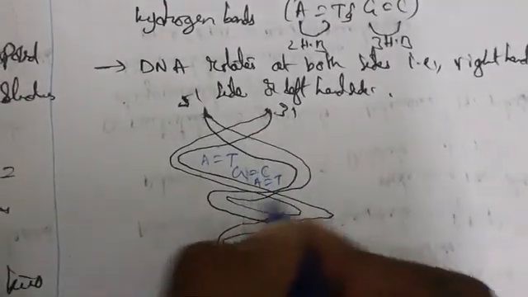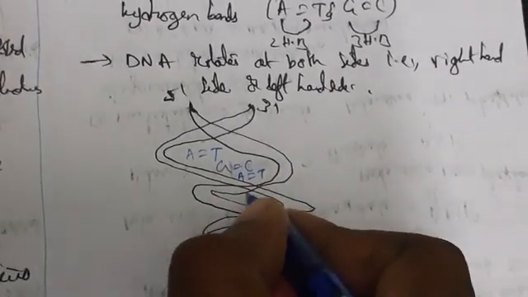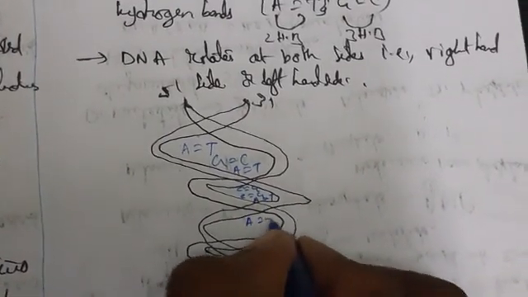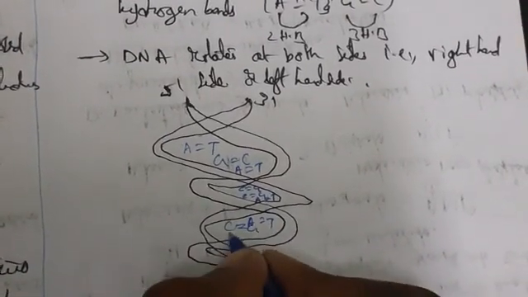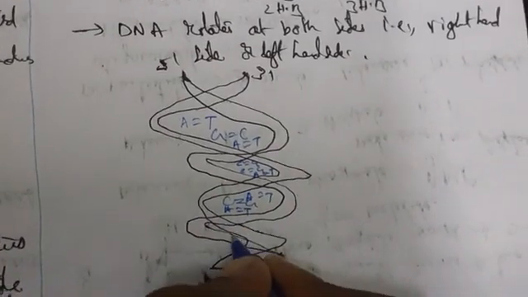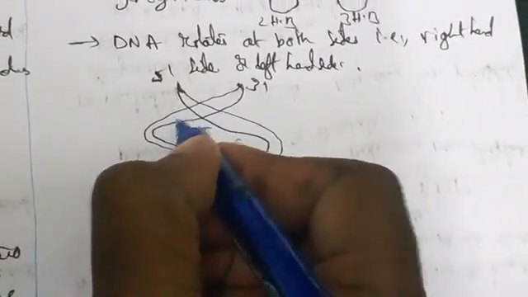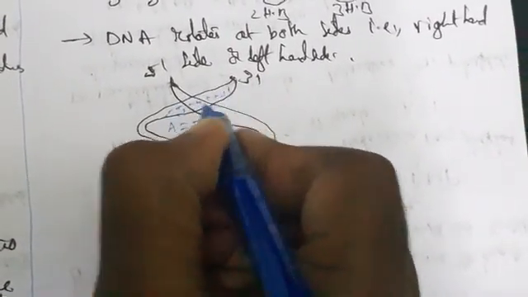These are the base pairs inside: C is equal to G, C is equal to G, A is equal to T, A is equal to T, C is equal to G, A is equal to T, and also A is equal to T, C is equal to G. Like this the base pairs are arranged.